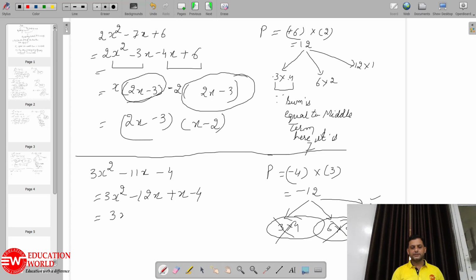So 3x is common. Now see, you have done splitting of the middle term, now you are taking common out. So 3x, here it is 1x minus 4. Here the same bracket is already there if I take 1 common, because 1 is everywhere. So I have taken the same bracket, you see here.